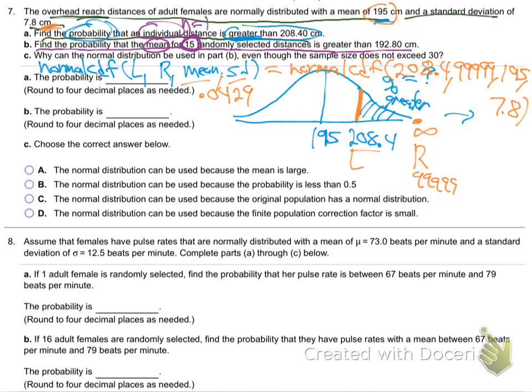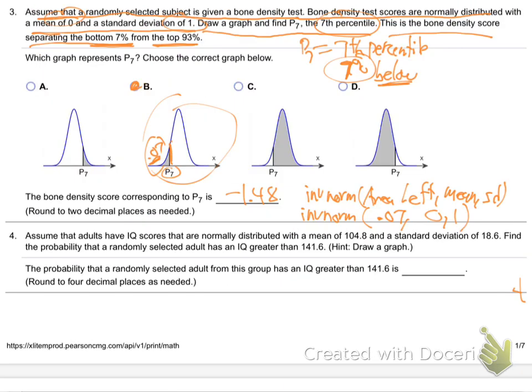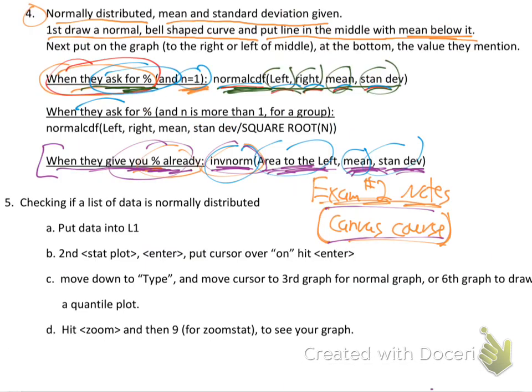Well, let's go back to our exam 2 notes. We're talking about this case now. N is more than 1, for a group. It's normal CDF again: left, right, mean, standard, but here you have to divide by the square root of n. That's the only difference between this formula and that formula, when n is more than 1.